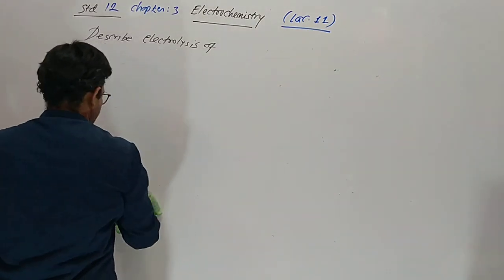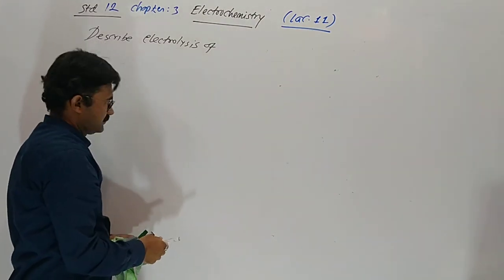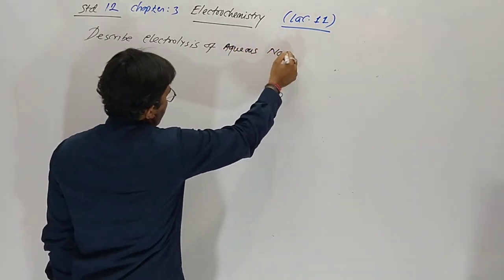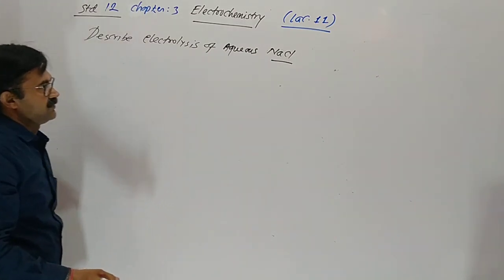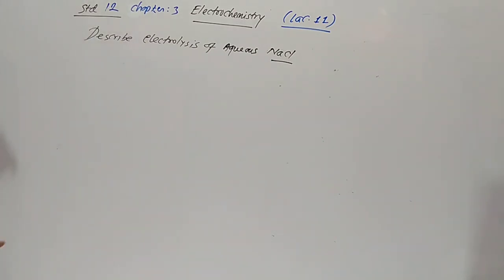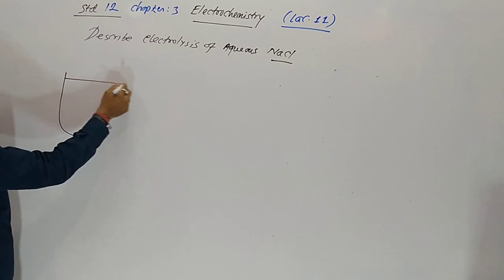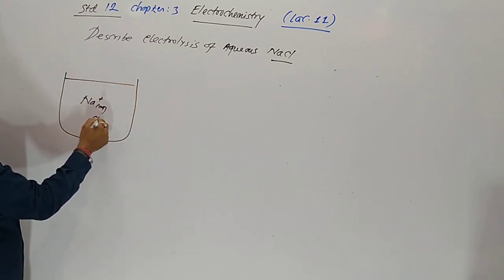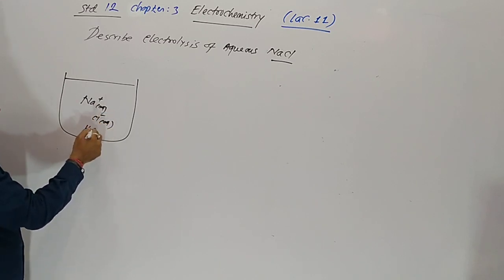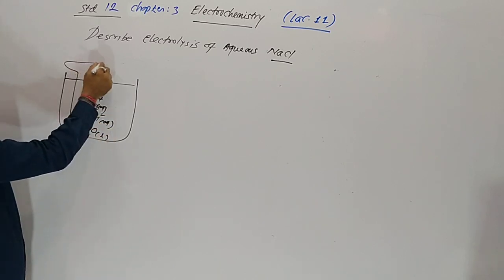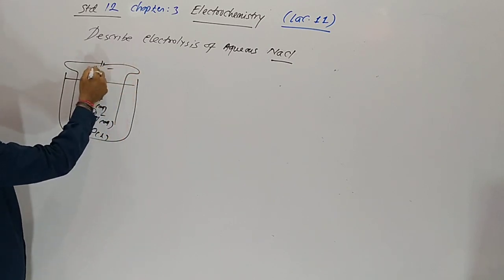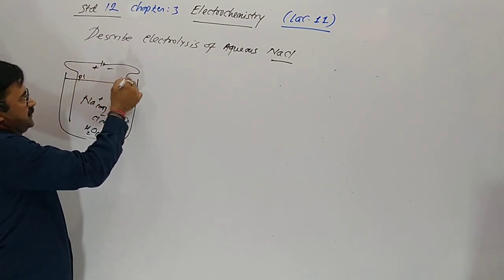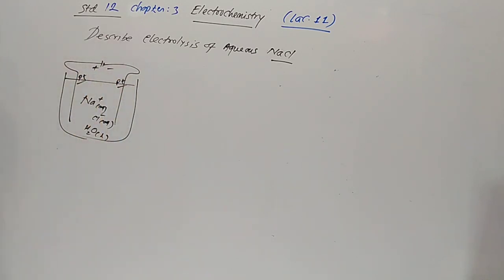Electrolysis of aqueous NaCl means NaCl is dissolved into water. Sodium chloride is dissolved into water. Our electrode is inert.